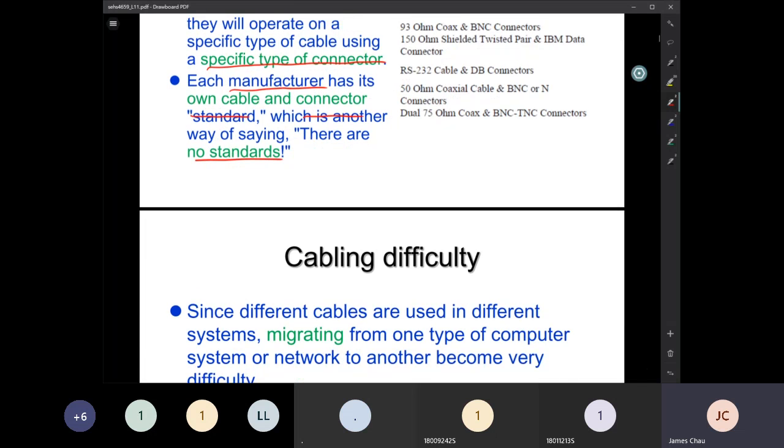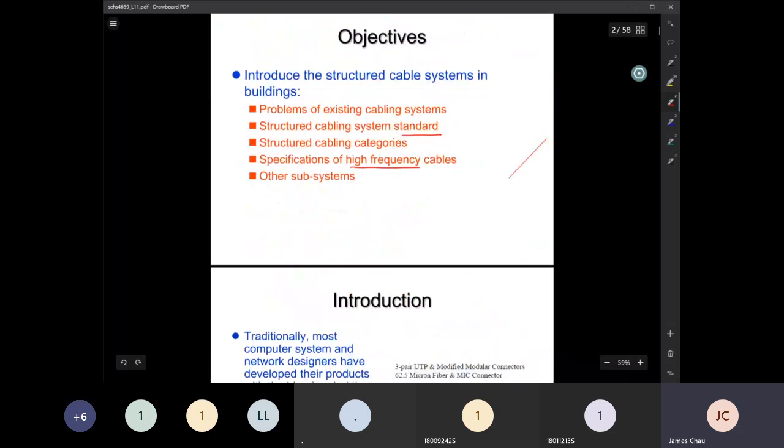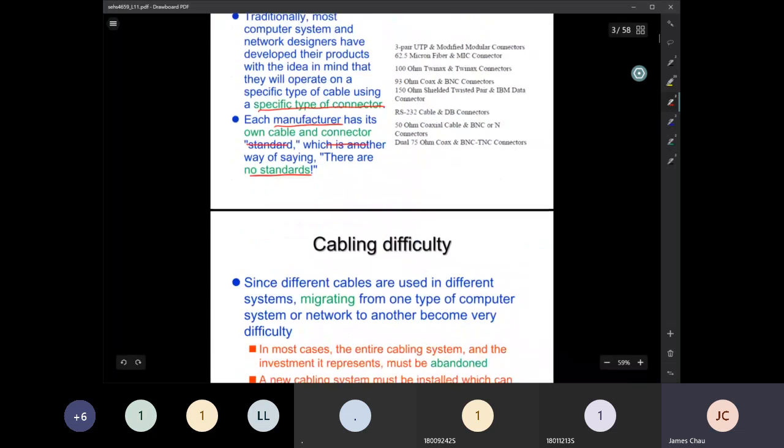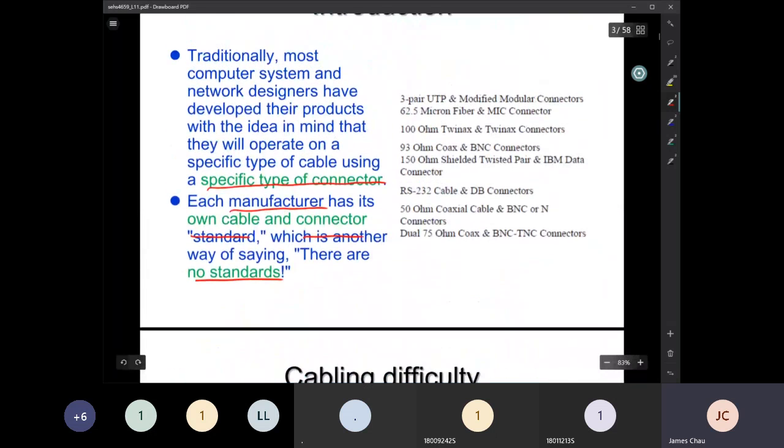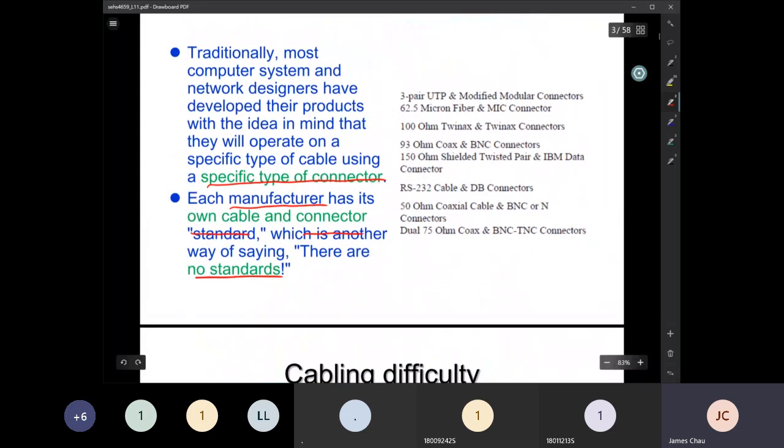And here on the right hand side, we give you some examples. You can see the UTP, that means the unshielded twisted pair cables that we will describe to you. It is using the UTP 3 pairs, okay? And for the microphone, it has a specific connector, and using the micron fiber, okay?